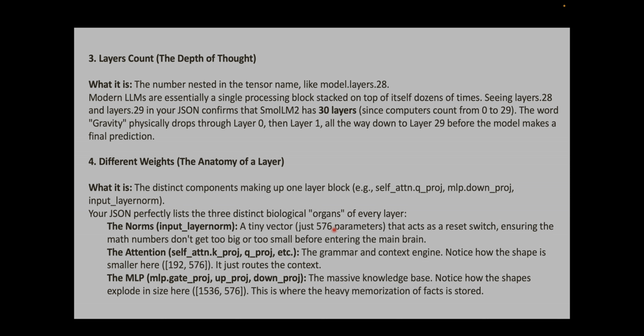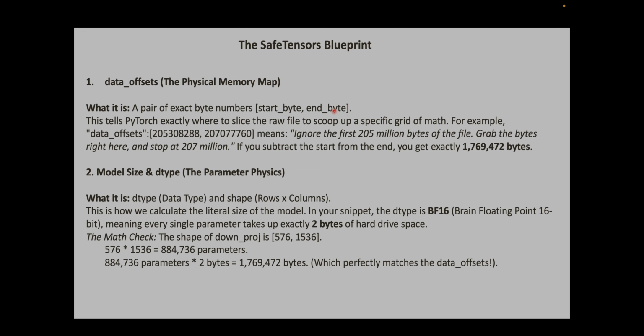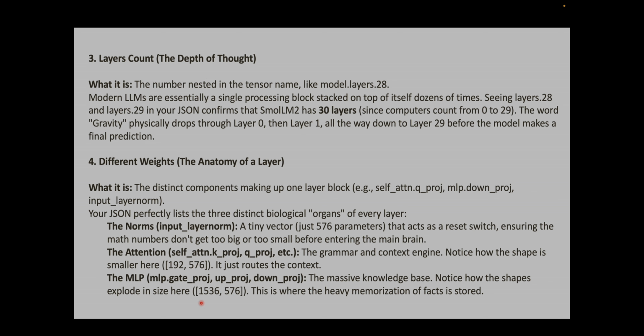A tiny vector, just 576 parameters, that acts as a reset switch, ensuring the math numbers don't get too big or too small. In attention, self key project or Q project, the grammar context engine. Notice how the shape is smaller here. And then the MLP, the massive knowledge base. Notice how the shape is larger here. You can think of it again, the shape will be start byte and end byte. So if you subtract it out, you will know the shape. You can see that, right? This is where the heavy memorization of facts is stored.